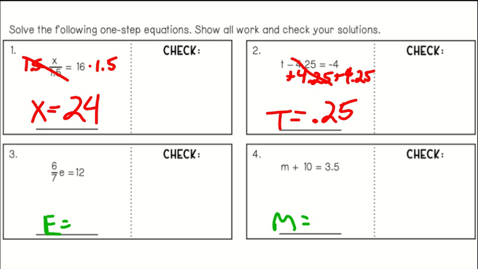All right, you can give me number 3. Aiden?